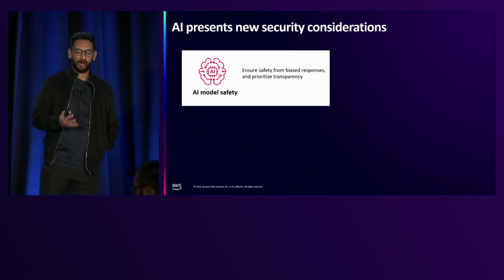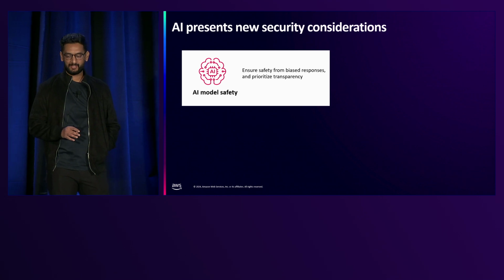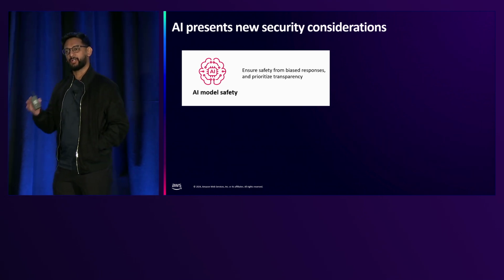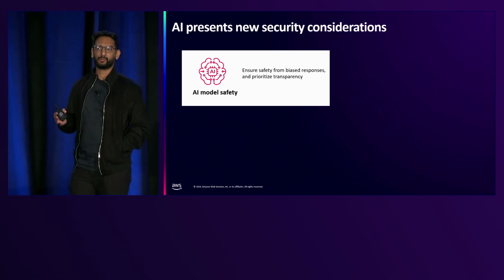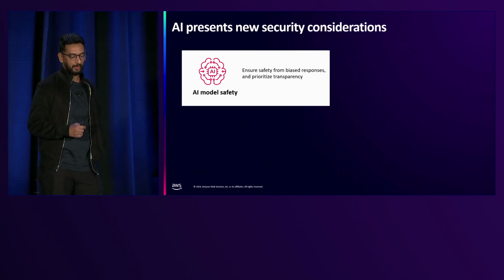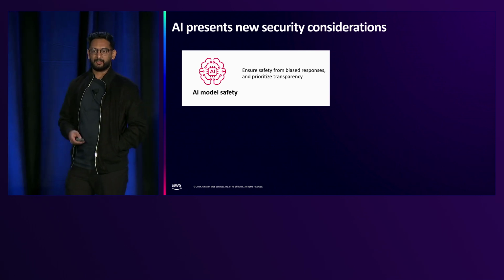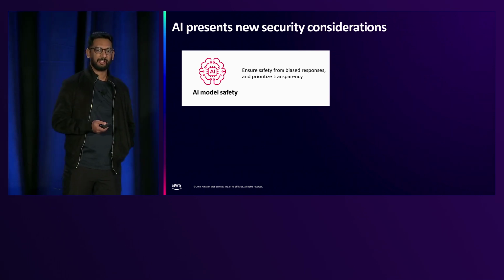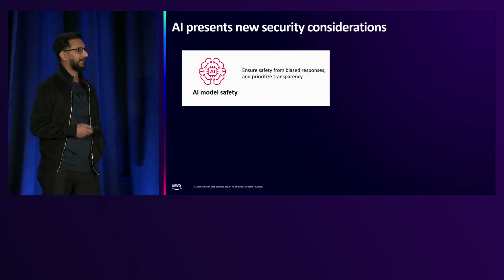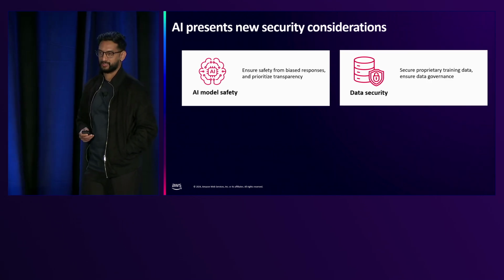This means the models themselves need to be free from unintended biases and withstand adversarial attacks and also ensure that they're maintaining ethical and legal standards that are required from emerging regulatory frameworks. This means there's a need for rigorous testing, monitoring, and adding things like guardrails and other risk mitigation strategies for the model itself.